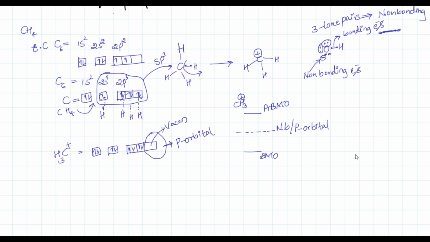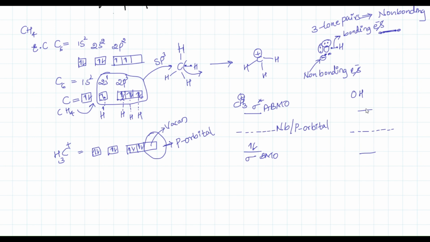In OH also, one bonding molecular orbital and anti-bonding molecular orbitals were there, and non-bonding molecular orbitals were also there. In CH3 plus, it has a sigma bond with 2 electrons, a sigma star, and a non-bonding orbital also there.